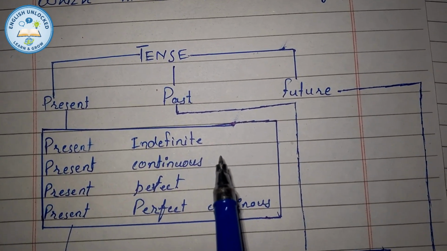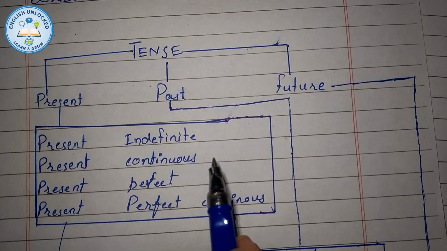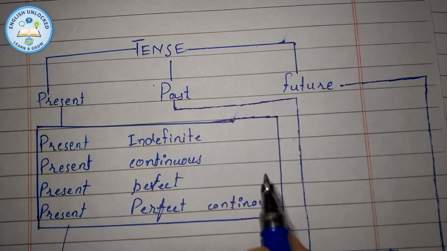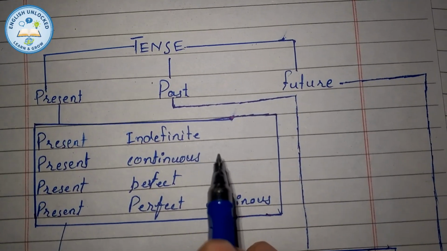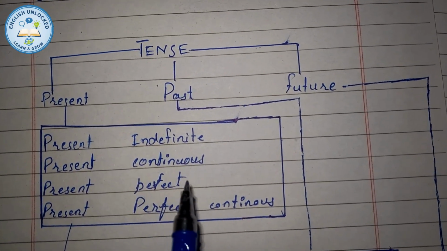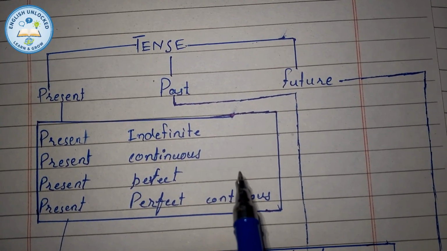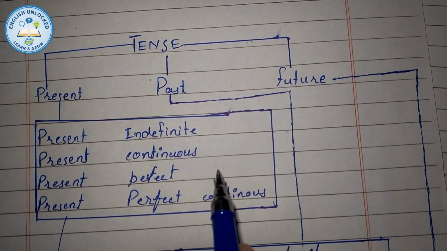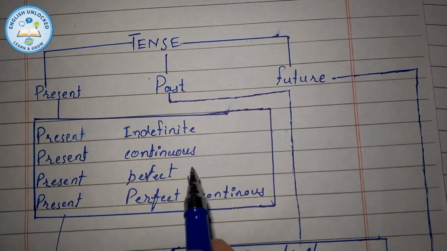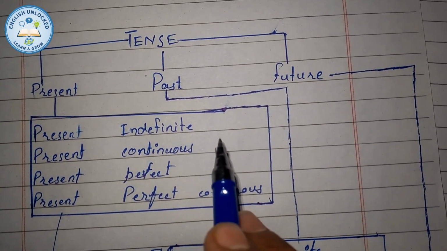Present continuous means those actions which we are doing in our current stage. For example, I am teaching you right now. This comes in continuous. Present perfect is used for those actions which have been done but in present. Suppose today I am making this video. For example, I make video on YouTube.